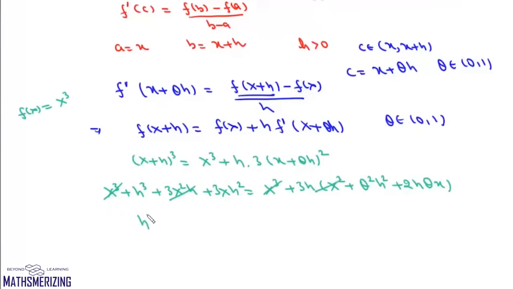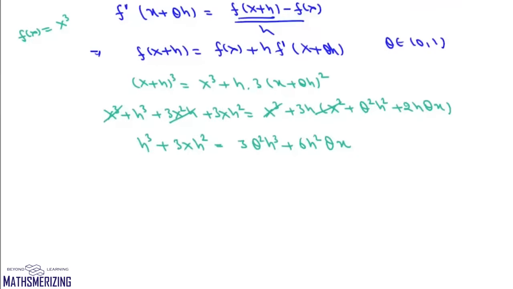So we'll get h cube plus 3x h square will be equal to 3 theta square h cube plus 6 h square theta x. Now we can cancel h square. So here will be h and here also will be h.